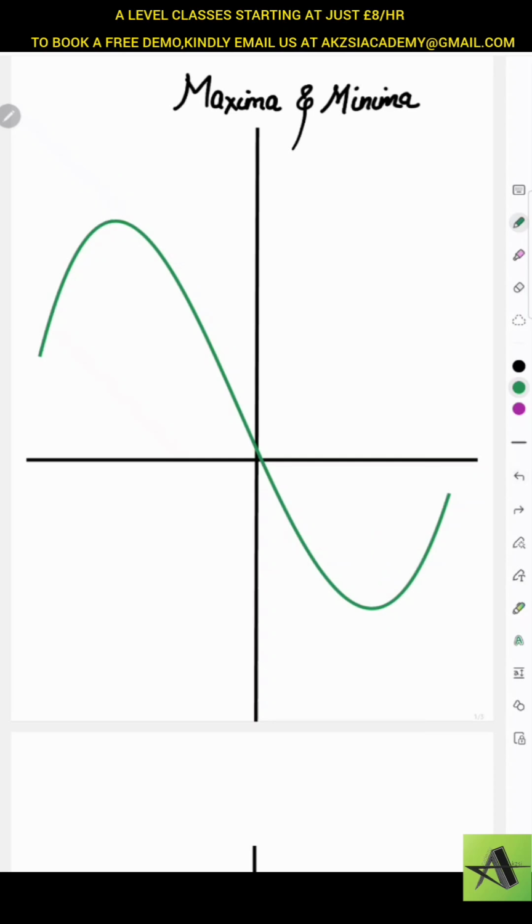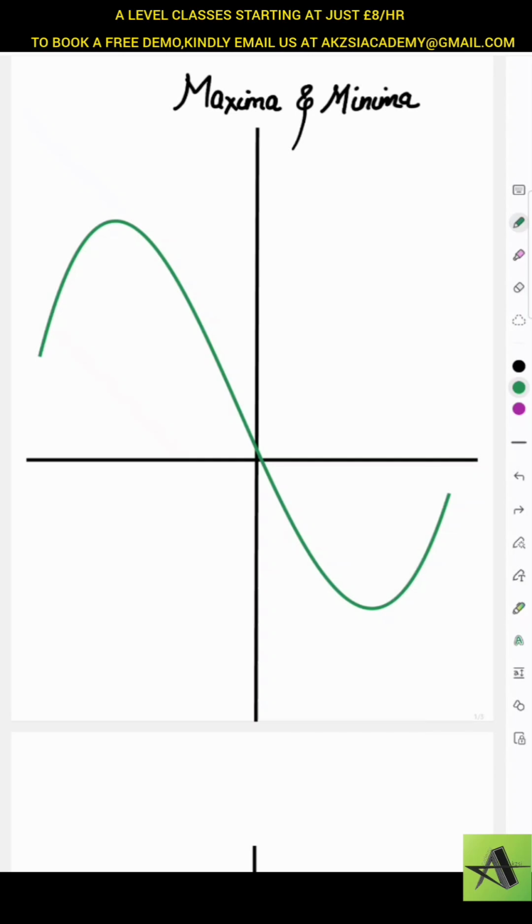Now, in the previous videos, we have already seen what the first derivative of a function will give you. It basically gives you the slope of a function, and that will give us an idea to find the stationary point, because the first derivative gives you the slope at a particular point.